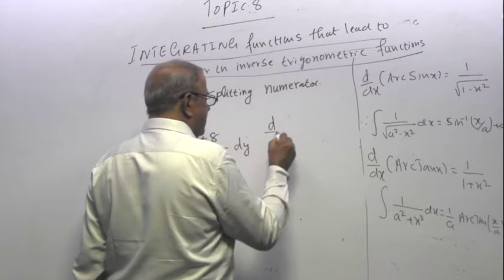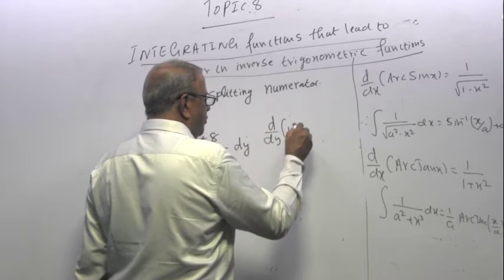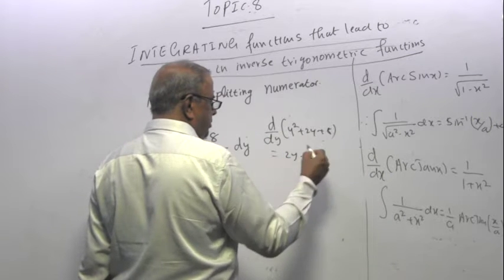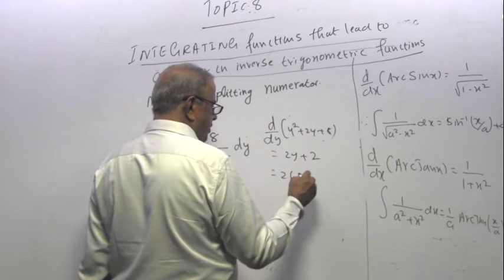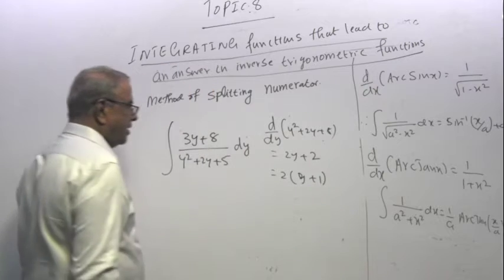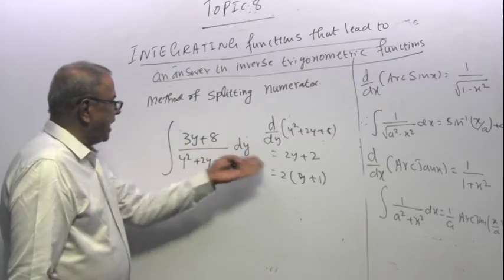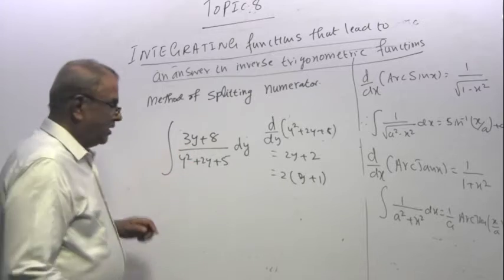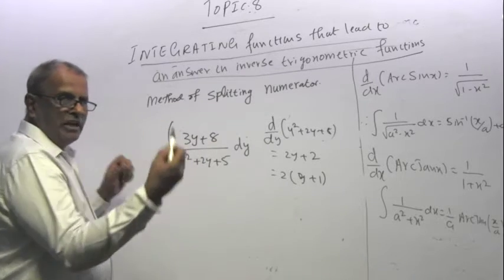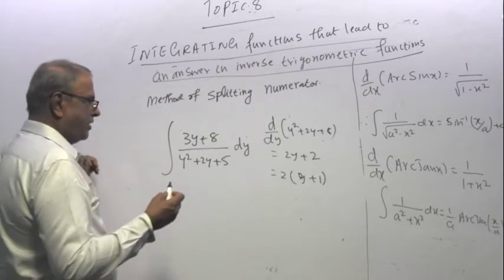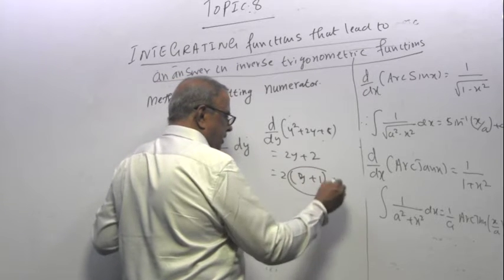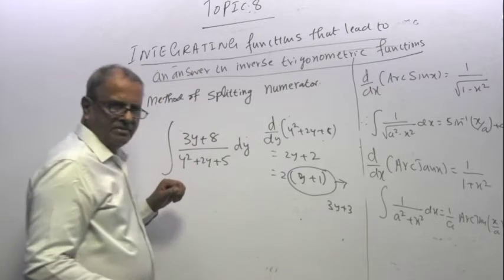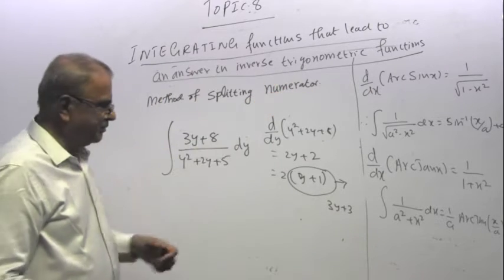So remember, d by dy of y squared plus 2y plus 5 is 2y plus 2, which is 2 times y plus 1. I don't have a 2. I can bring a 2. I need y plus 1. I have 3y. And I can't remove 3. I can remove 3 forcibly as a common factor. It becomes a mess. See, y plus 1 could also be 3y plus 3, couldn't it? With 3 as a common factor.